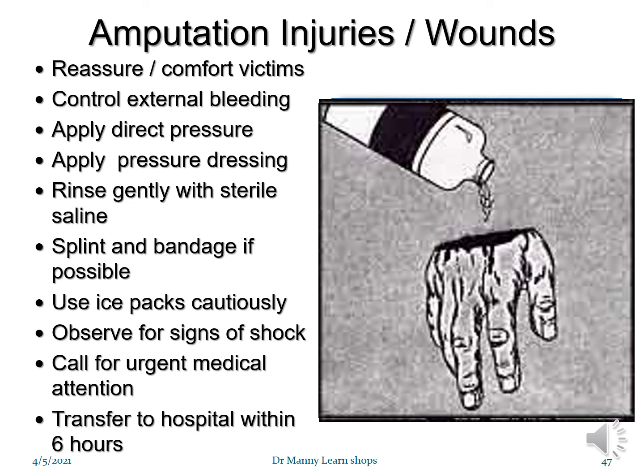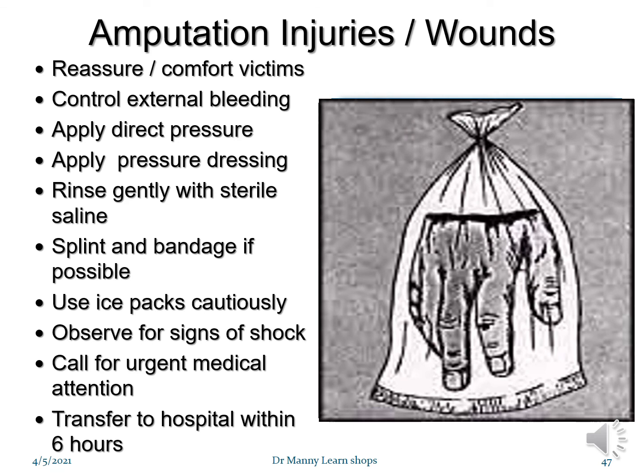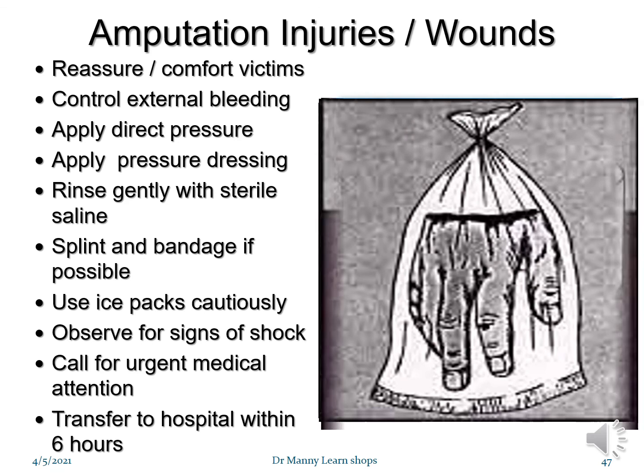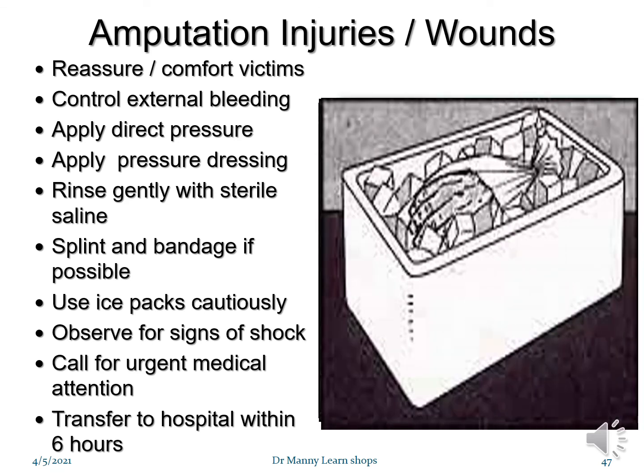Sterile saline and put it into a plastic bag with ice water, just in case the limb can be reattached once a vascular surgeon sees it. And transported to the hospital with an ice cold container.